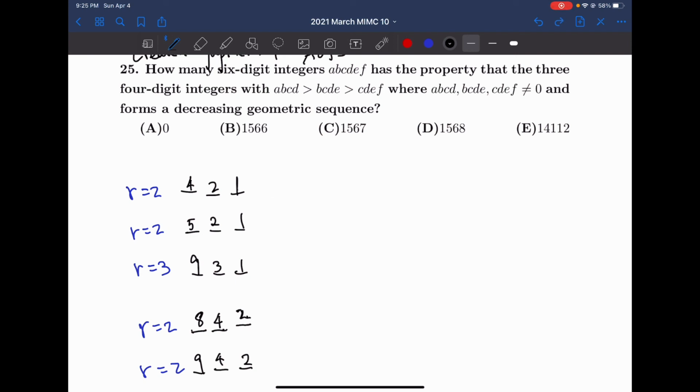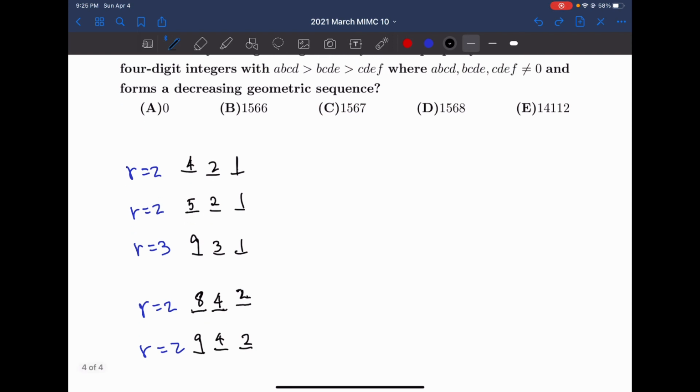So ABCD cannot be from this set, because if it starts with 421, multiplying by 2 would not work.